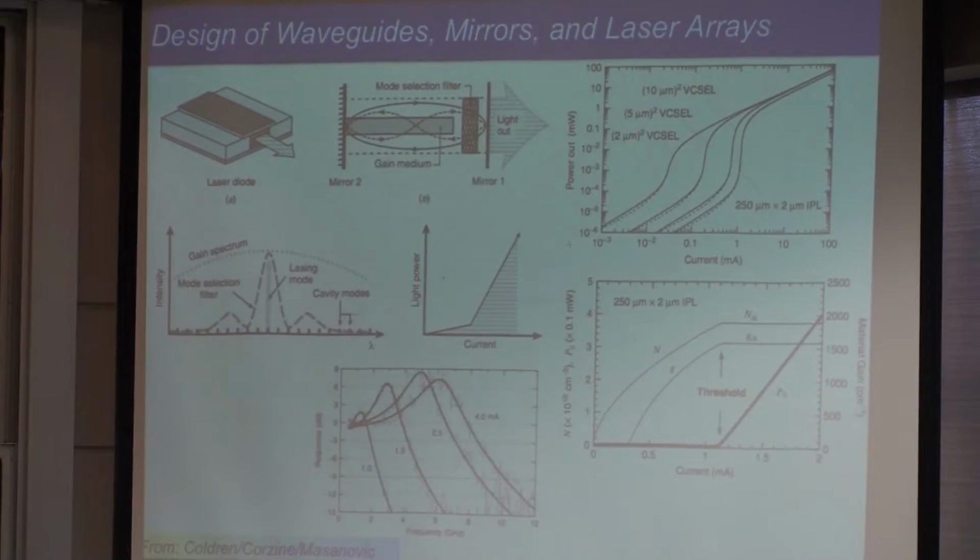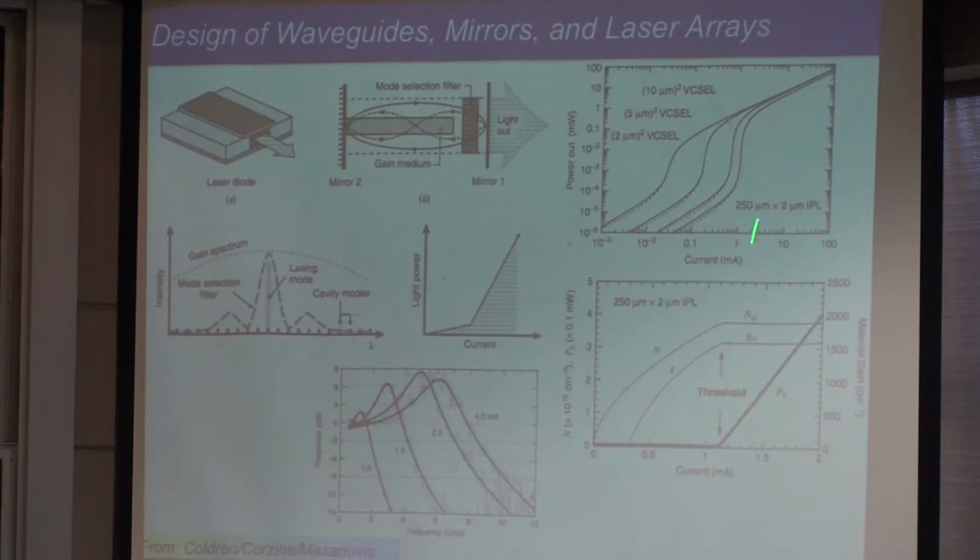And then the gain increases, and at some point it actually clamps, and it doesn't increase any further beyond the threshold. Similarly, the carrier density increases, and then it clamps. Essentially, all it means is beyond the threshold of the laser, you still have spontaneous emission, but that's locked, no more than what it was below the threshold. And the carrier density locks and all that, and the output power looks like that.